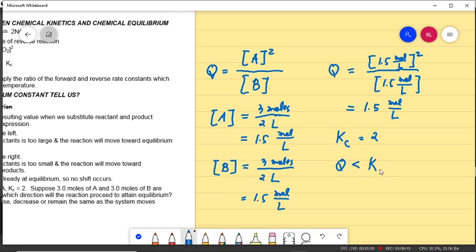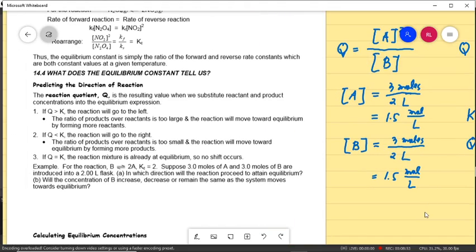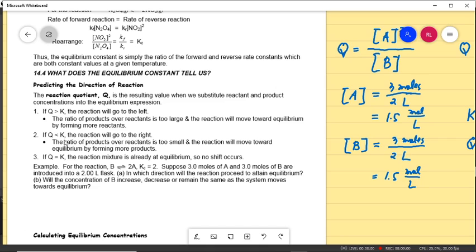So what does this mean? Which direction is favored? Is it the forward or the backward? So as stated here, if Q is less than K, then the reaction will proceed to the right. In other words, the forward reaction is more favored.